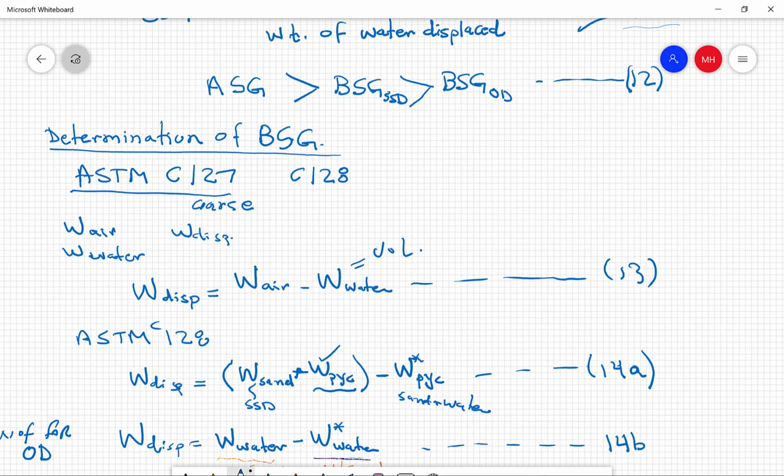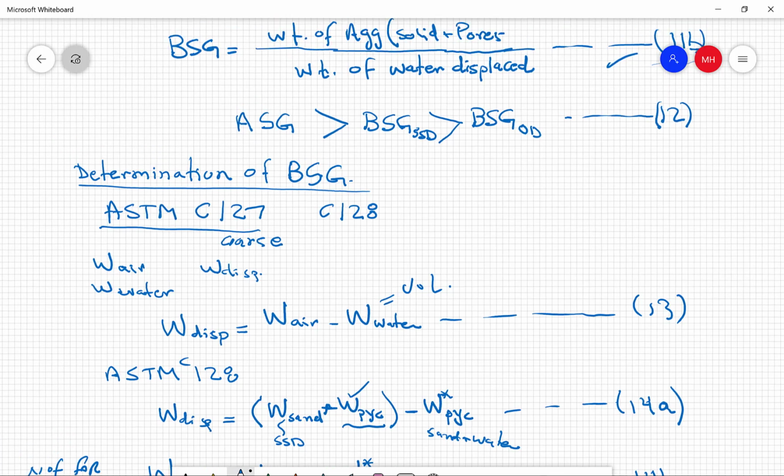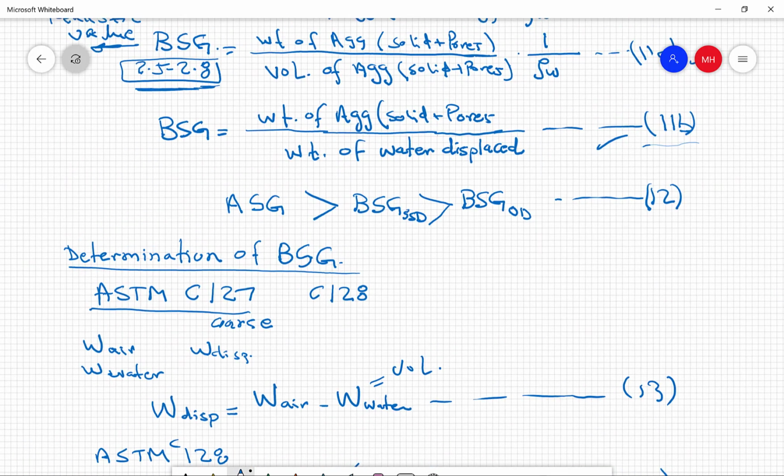Let me go back here. So basically, if we substitute in the numerator the oven dry aggregate right here, this equation can be used, right?